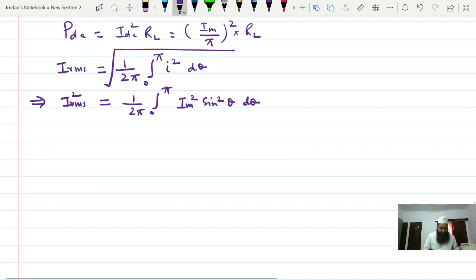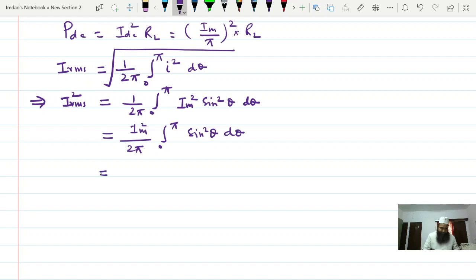Further, we can write Im square upon 2 pi, integral 0 to pi, sin square theta d theta.